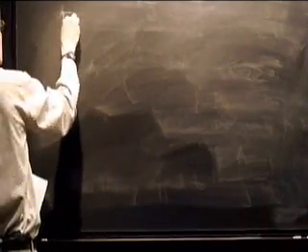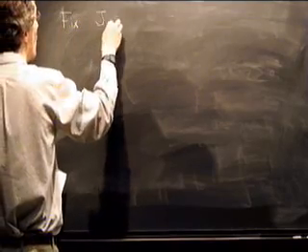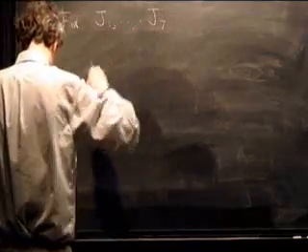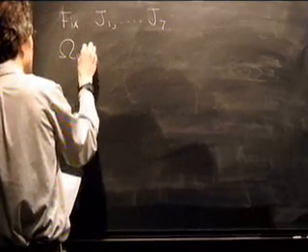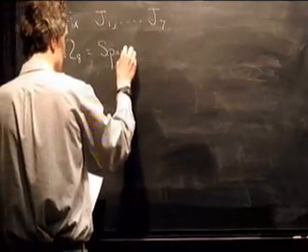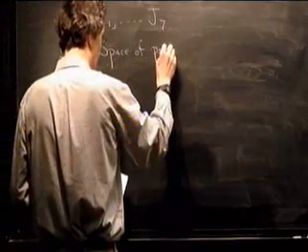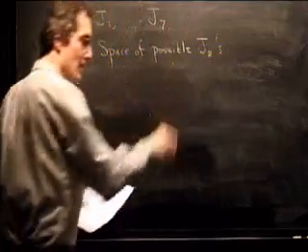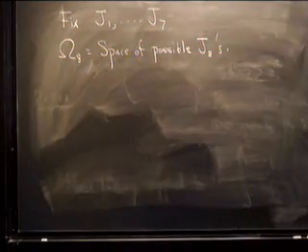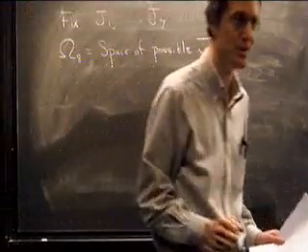So we fix J1 through J7, and then omega 8 is the space of possible J8s, in rather colloquial terms. But I've defined precisely what I mean by that.